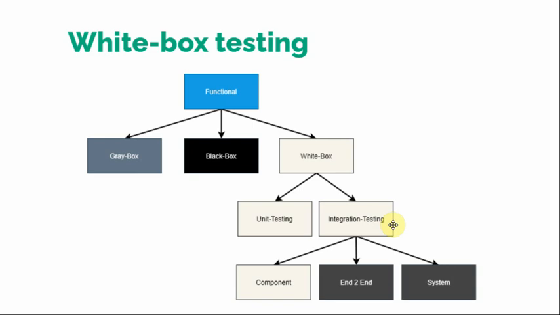By combining those units, I can call it a component, I can call it a system-wide test, or I can plan an end-to-end test which goes beyond our system. So these two are basically the types of black box testing. So when we write the code or when we are planning, we can utilize the same concept here in the integration testing. That's it for today.